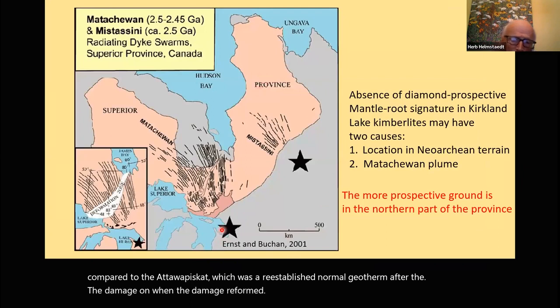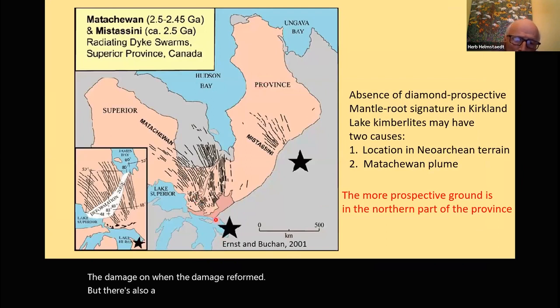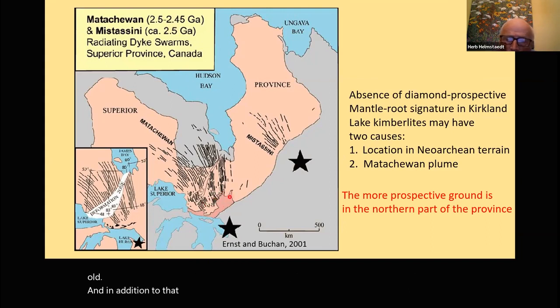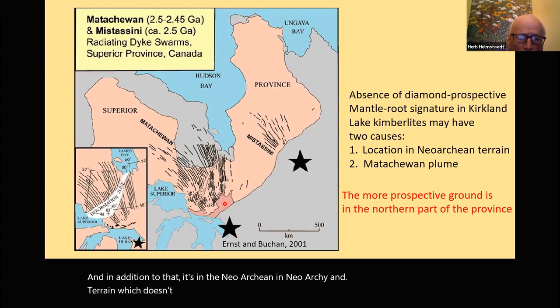But there's also a huge dike swarm here, which is centered here somewhere. The Kirkland Lake kimberlites are right there, so they would be right in the influence of this plume, which was the Matachewan plume, 2.45 billion years old. And in addition to that, it's in the Neo-Archean terrain, which doesn't have much of a mantle root left.